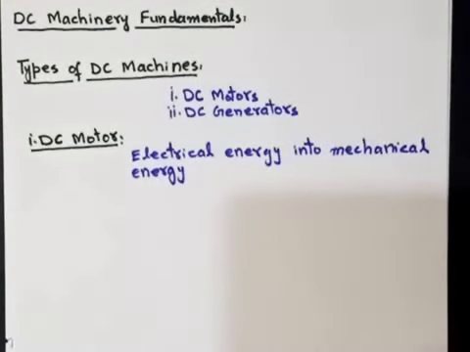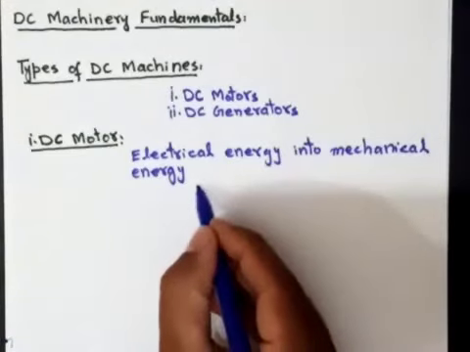Its action is based on the principle that when a current carrying conductor is placed in a magnetic field, it experiences a mechanical force whose direction is given by Fleming left-hand rule and whose magnitude is given by F is equal to ILB.